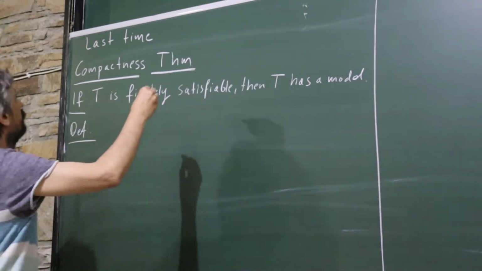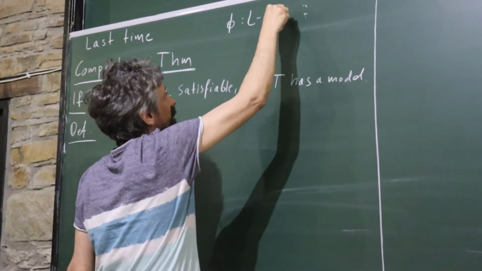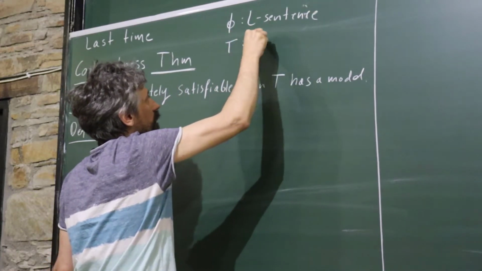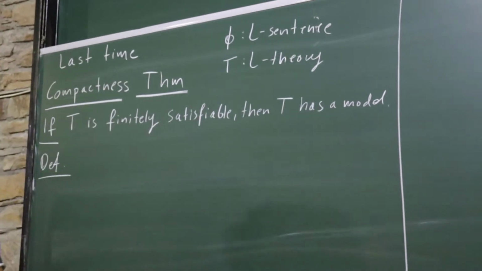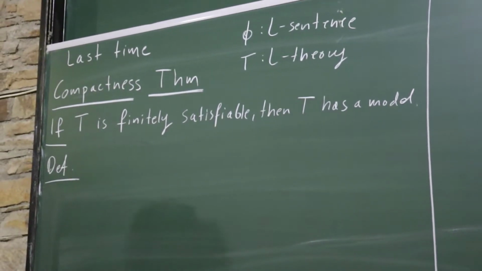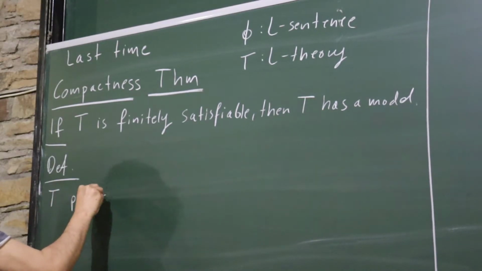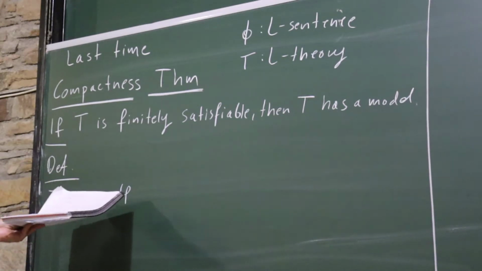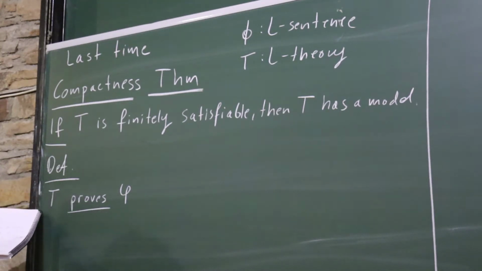So, okay, let phi be an L sentence, L is some language, and T an L theory. So we say that T proves phi. Before there was a notion that phi is a logical consequence of T. It meant that in all models of T, also phi holds.